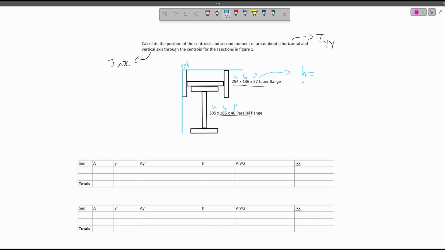So we look for our H, our B, our area, what else? Our Ixx, our Iyy. Same for this one: your H, your B, area, Ixx, and Iyy.